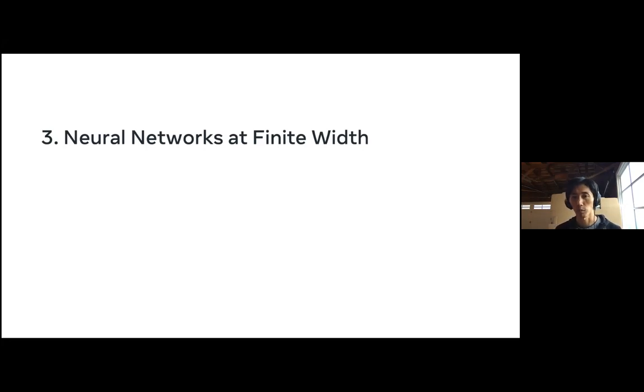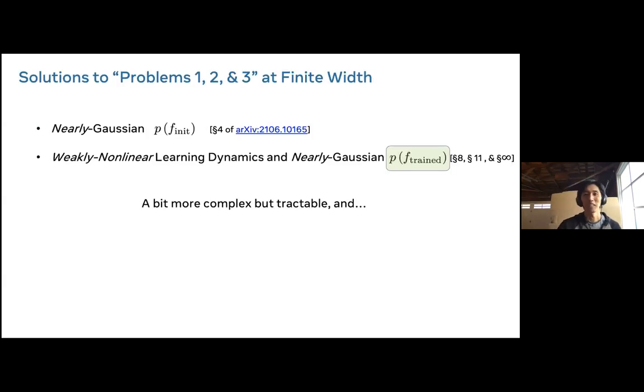Okay, so I'm going to be very brief, and then I can take questions from the chat that's accumulating. For neural networks at finite width, I'm just going to tell you the result pretty quickly.